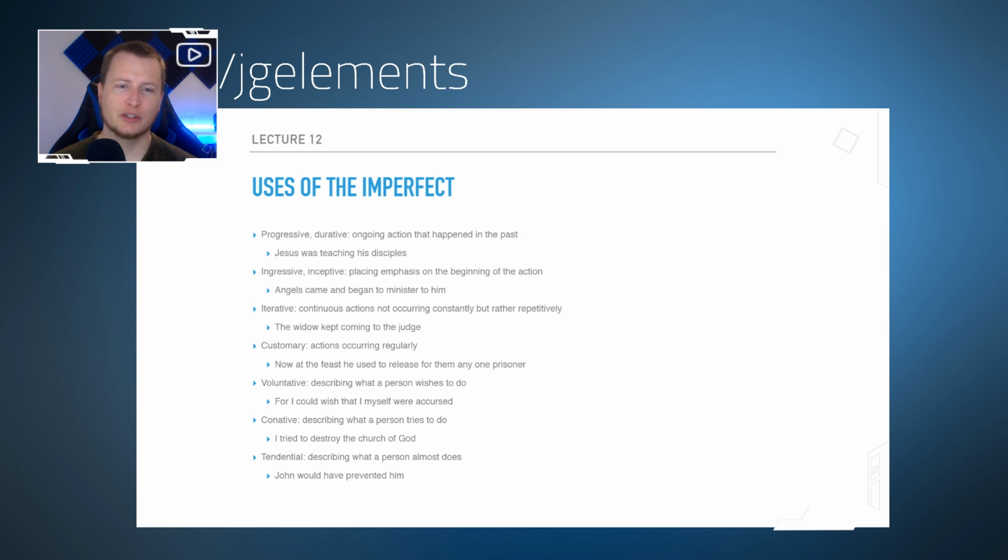What you'll want to do for now is just translate it was teaching, was destroying, was coming, was releasing, was wishing. Just start with that. Then look at the context. Does it make sense? If it doesn't quite make sense, start looking at these different uses. Look at the Wallace grammar. Look at BDF.